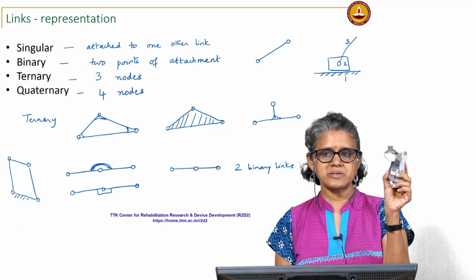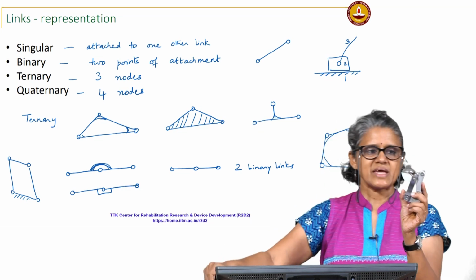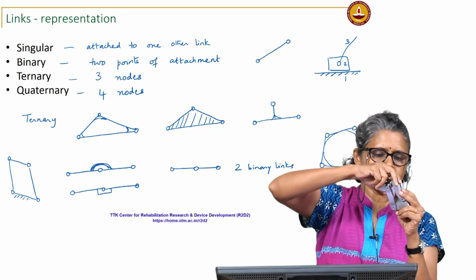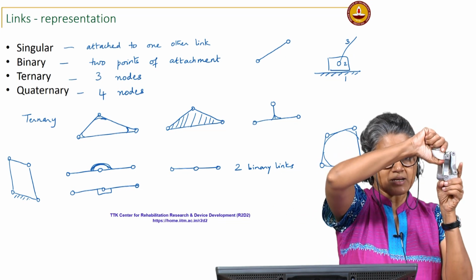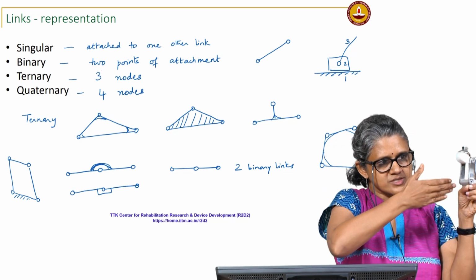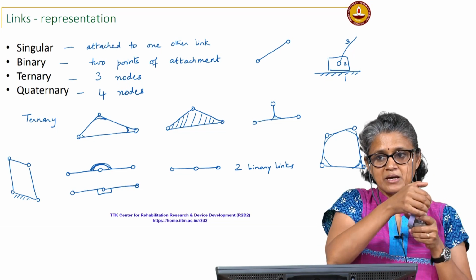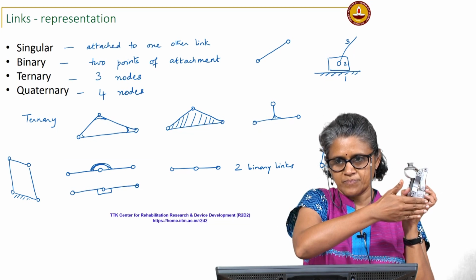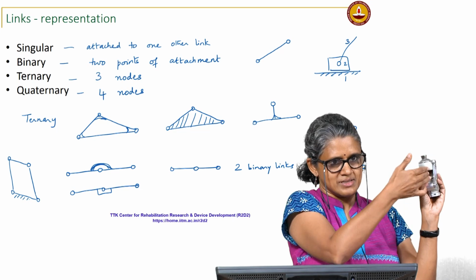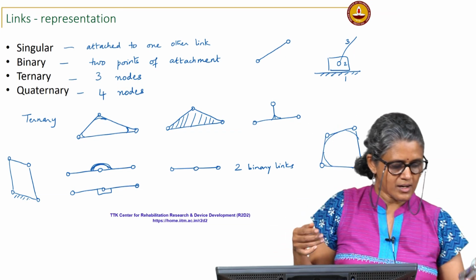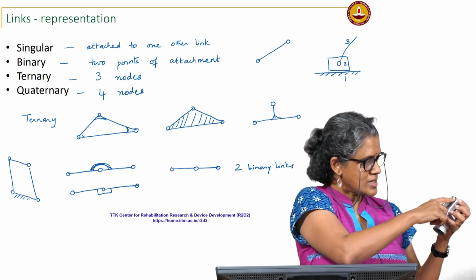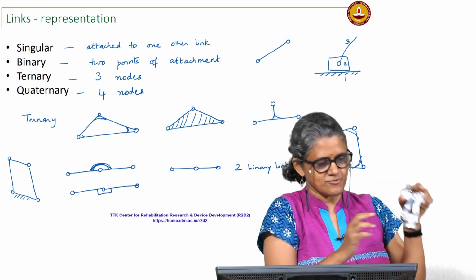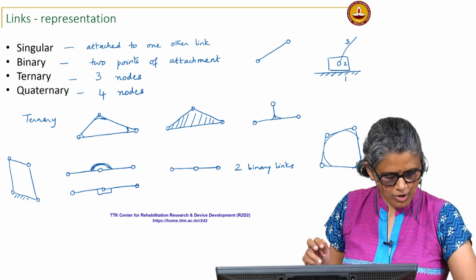That would be the representation of this mechanism. Every point on every link will move in parallel planes as the mechanism moves. That is what makes this a planar mechanism, and therefore you only count the links in the plane. You are not going to count the extra links, because the only thing responsible for the kinematics of this mechanism in the plane is this set of links. So you only call this a 4 bar.